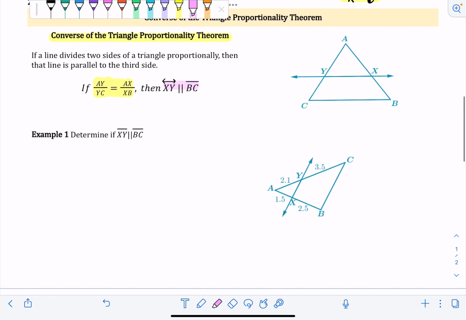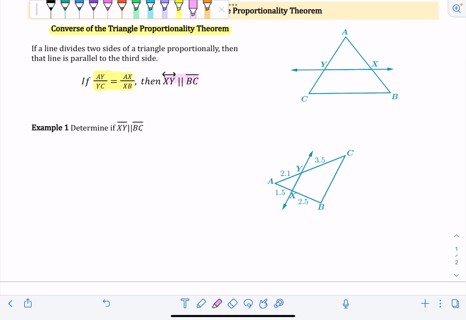So example 1, determine if, let's just say, line XY is parallel to BC. We can do that by setting up our proportion. Again, we just need some sort of consistency in terms of how we set up our proportion. If we want to start with AX, I can say AX over XB.